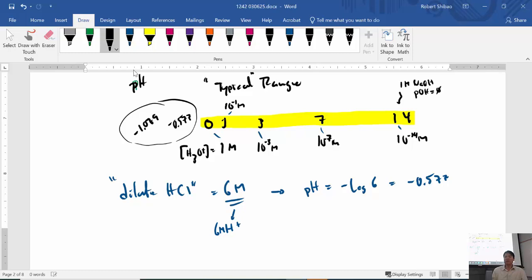If the pOH is 0, the pH is 14. But can we have higher concentrations than 1 molar? Yeah. What about 6 molar sodium hydroxide? What about 12 molar sodium hydroxide? Then we're in pHs around 15.